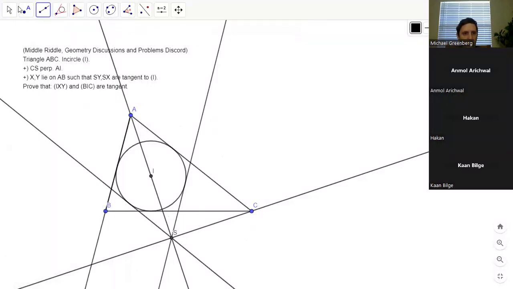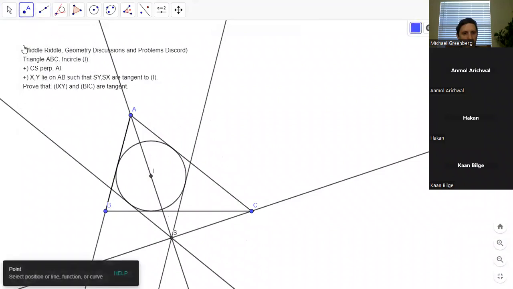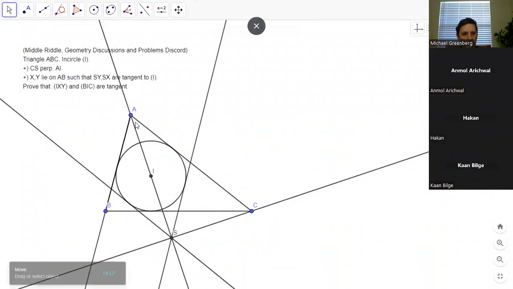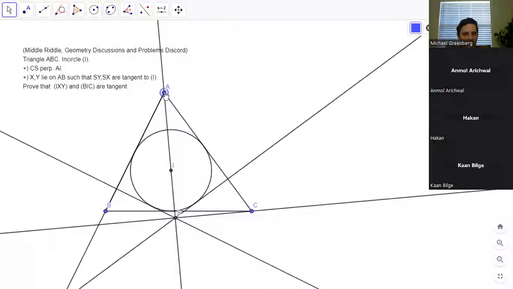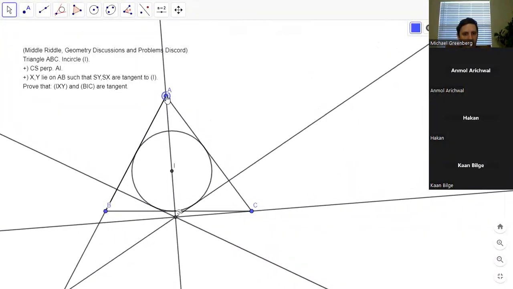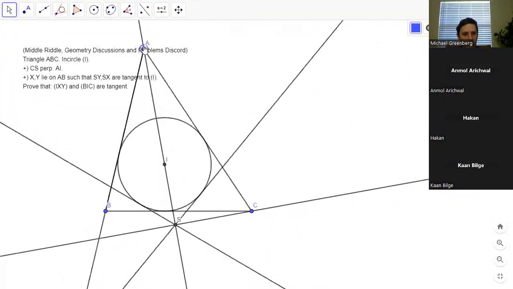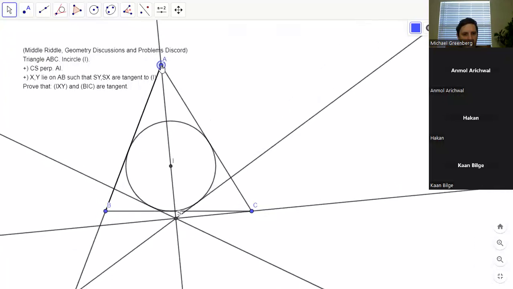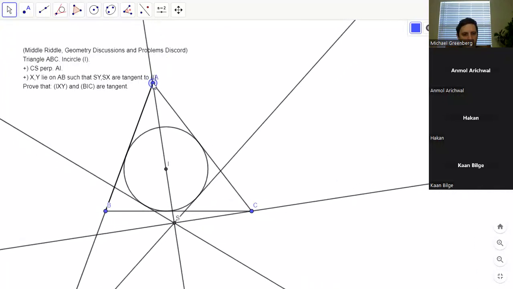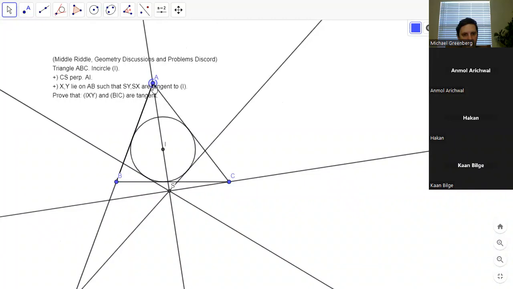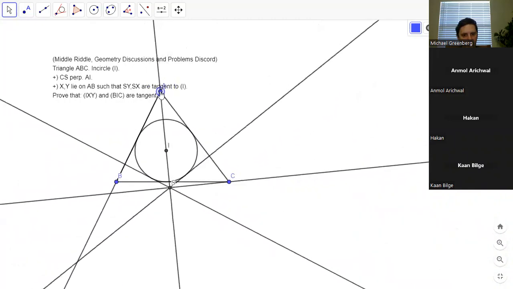So we say they meet it at, we want it to be something like, I might want to zoom a little bit. I think that looks okay.